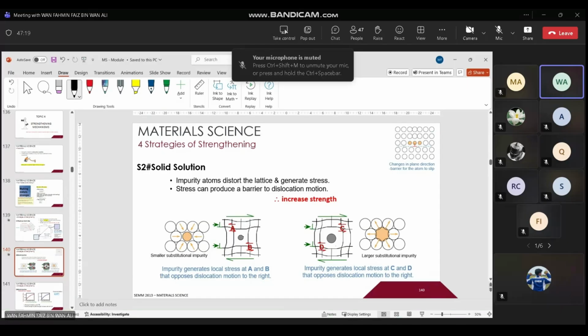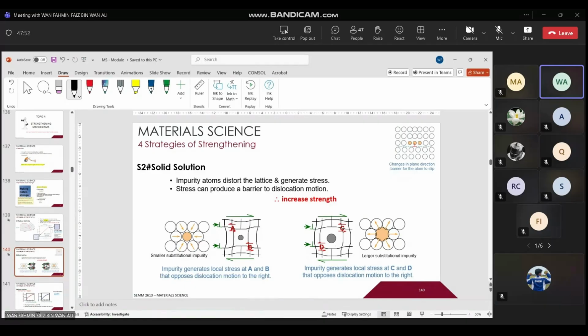And because of this, you can increase the strength of the material. The same phenomenon you're going to see if the impurity or additive material is slightly larger compared to the base material or parent material. When I say base material or parent material, it means the majority percentage inside the metal. So if you add a larger atom, you're going to create a localized stress at the edge of the lattice.